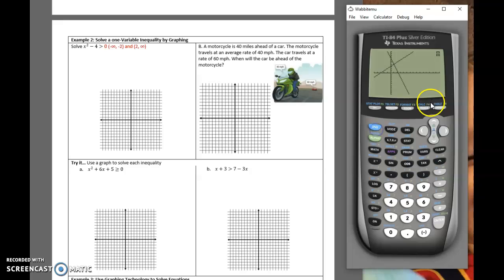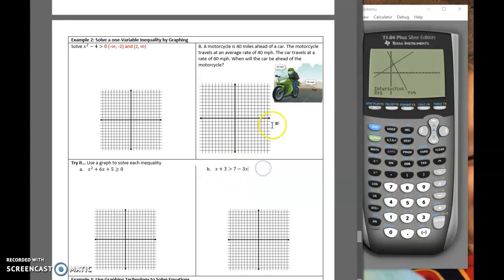So we need to know where that intersects. So second, trace. And again, we're doing the intersection. And we need to come over here so we can get this point over here. Enter. And enter. And enter again to get that point. So it's at 1, 4.